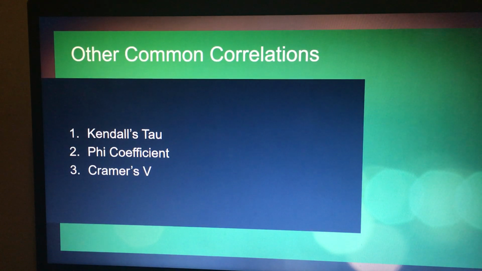and 0 indicates no relationship. Cramér's V is another measure of association, but it can be used with variables that have more than two categories. It's an extension of the phi coefficient that can be used with larger tables.